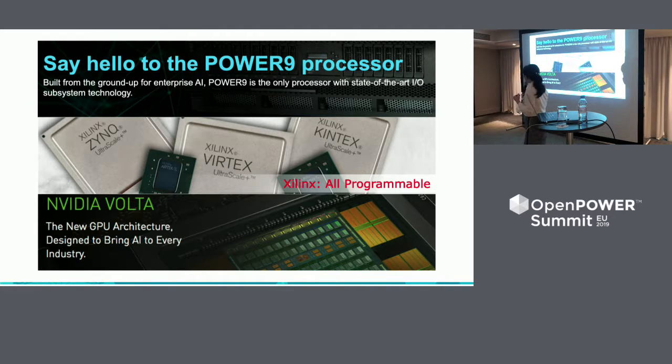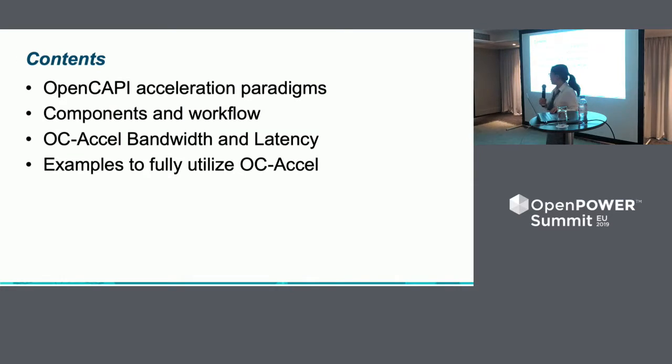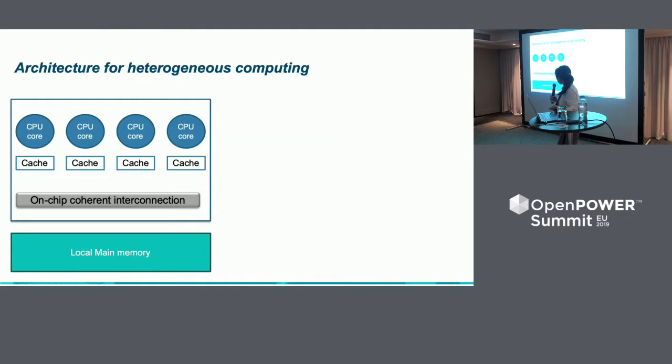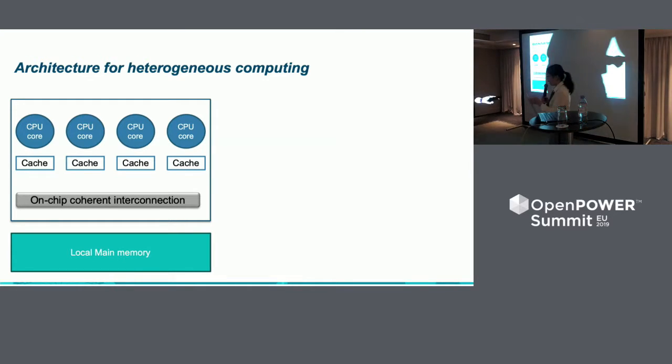It was built for heterogeneous computing. So let's have a look. This is a very high-level picture for heterogeneous computing on Power 9. So we already have multiple CPU cores on a processor, and they have caches.